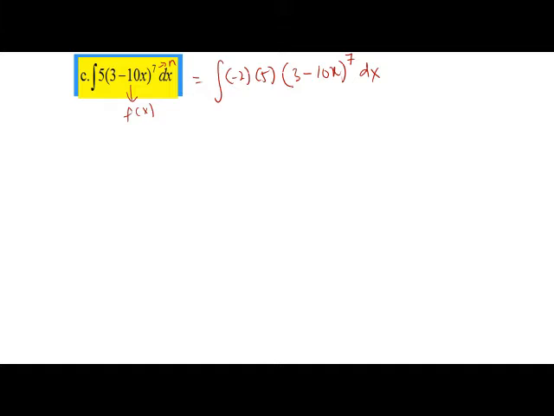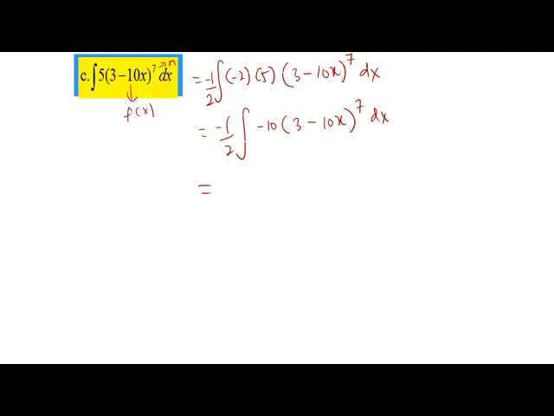Since we already multiply by negative 2, in order to get negative 10 here, we also need to divide by negative 2 or multiply by negative half. So here we multiply by negative half, and then it will be negative half, the integration of negative 10 bracket 3 minus 10x bracket to power of 7 dx.